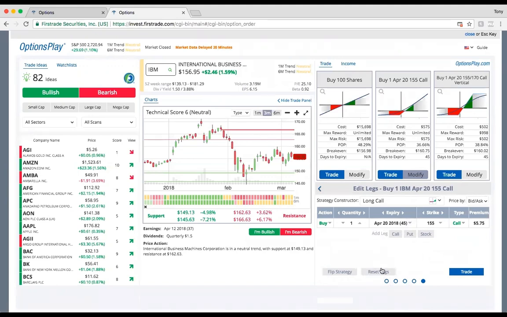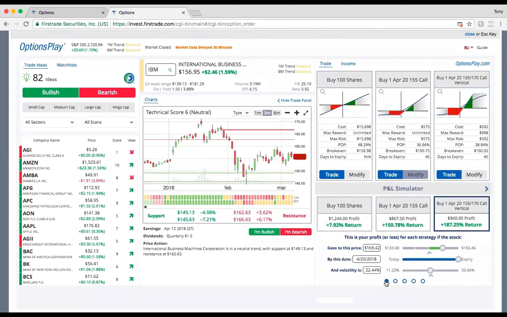Okay, great question. Time decay. This is one of the things that a lot of people have a tough time understanding, especially those of you that have learned a little bit about the Greeks, which might be very intimidating. The P&L Simulator is a great way to learn about delta, theta, and vega, the three most important Greeks when you're trading options.